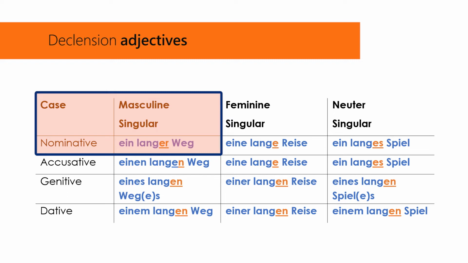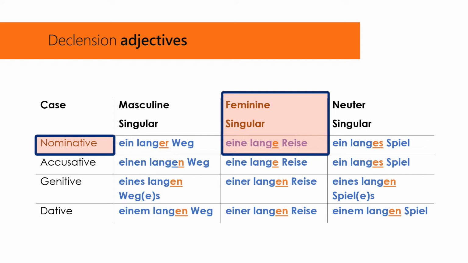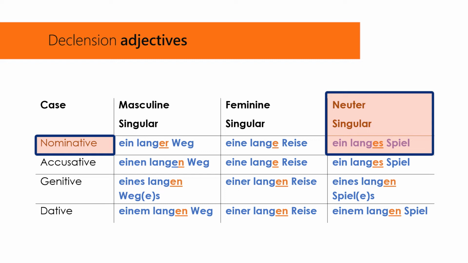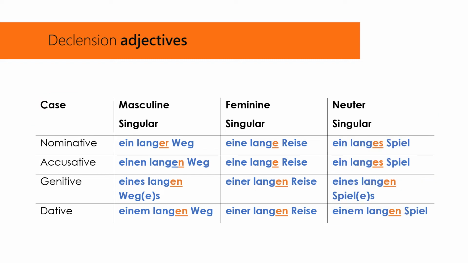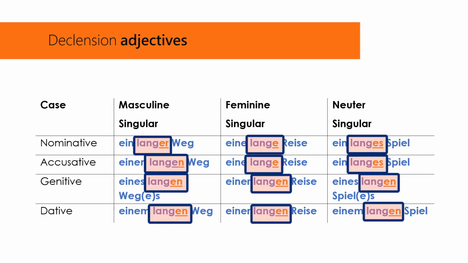What is the ending in feminine nominative, singular, and then it's indefinite because it's ein. So, lange, you see, the ending is underlined. And then for neuter is s. And then it changes across cases. It's the same adjective which is declined differently across genders and cases.